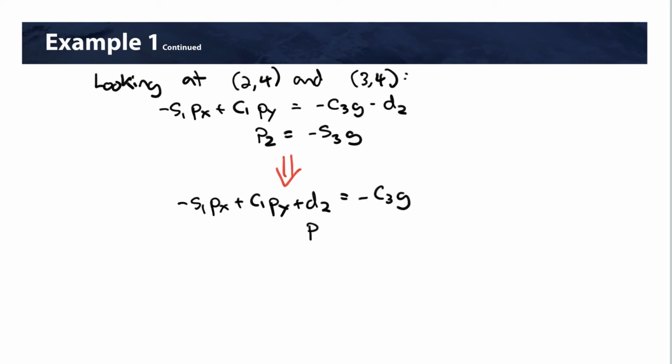And Pz is equal to minus S3g. We'll call these equations 2a and 2b. We have cosine theta 3 here and sine theta 3 here. A trick to isolate D2 is to square and add these two equations together and eliminate theta 3. So let's try that.